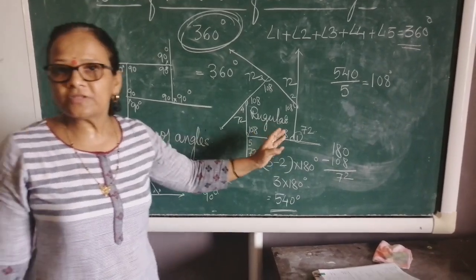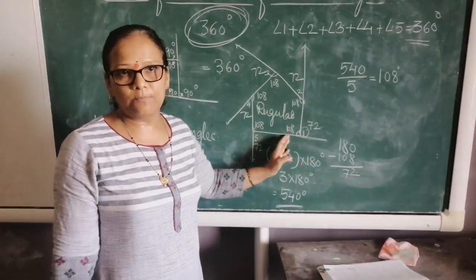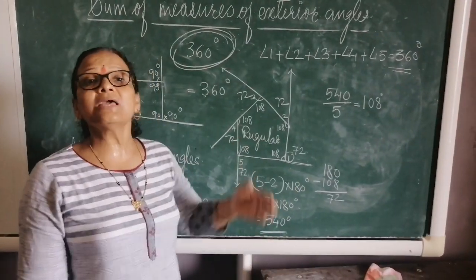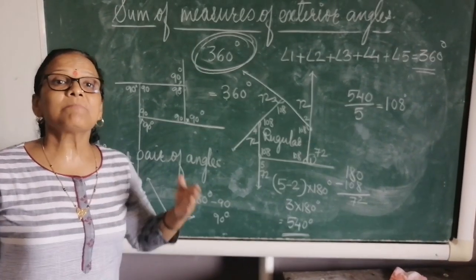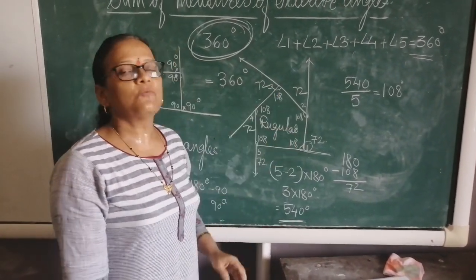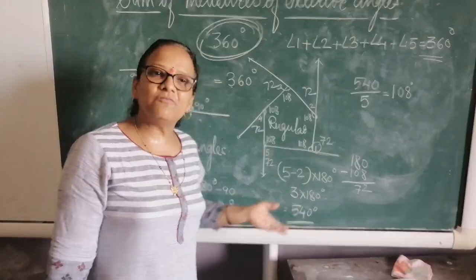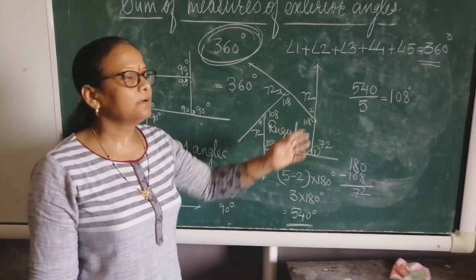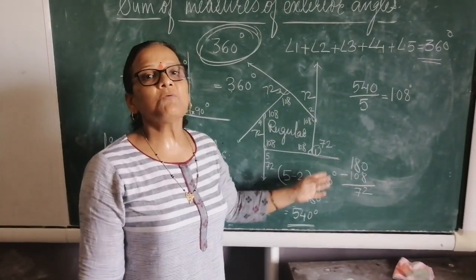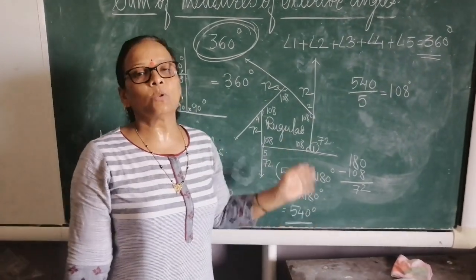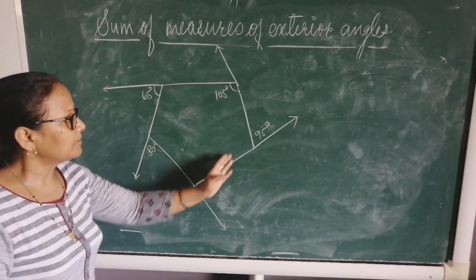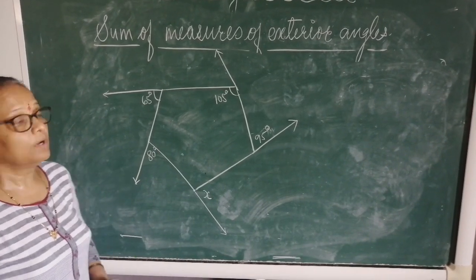Here I am talking about the regular polygon, but if an irregular polygon is given, in that situation they might give you any one interior angle, by which you can find out the exterior angle of that figure. Okay. Now we will discuss the irregular polygon.